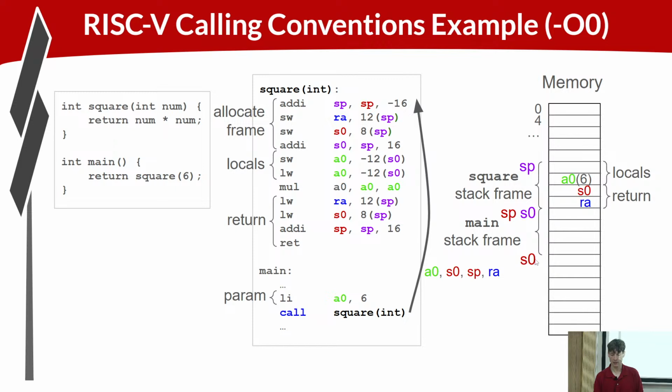So that's reestablishing this S0. And then we reestablish the stack pointer by incrementing by 16, and then return, right? So the vast majority of instructions here is all about maintaining that stack. The actual function in this case is just one instruction.